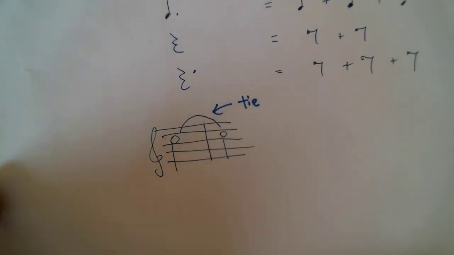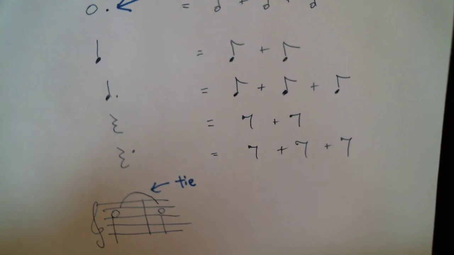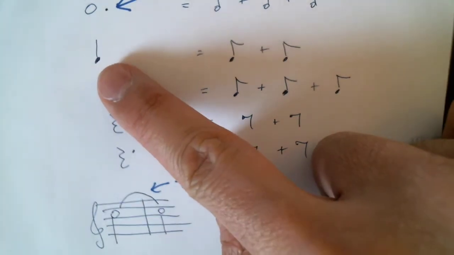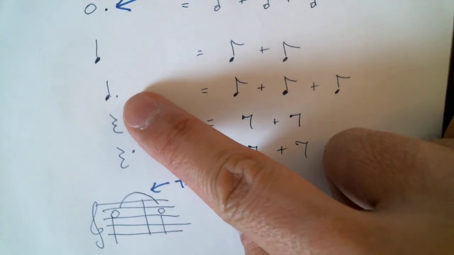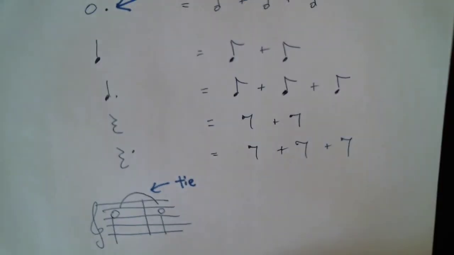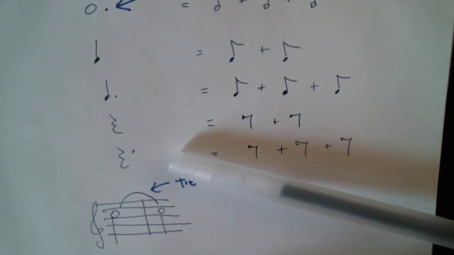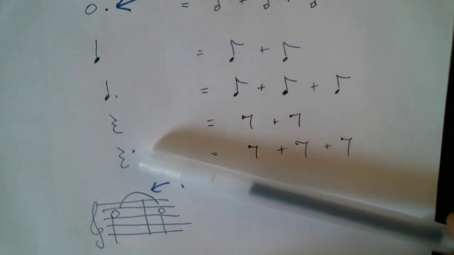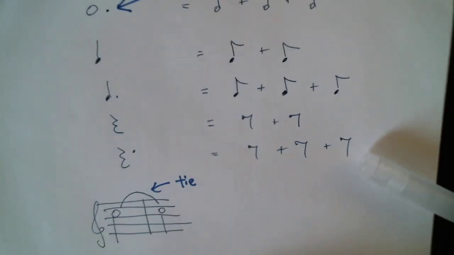So these are 2 concepts of how we essentially add rhythmic value to a given note type. We might start with a quarter note, then we add a dot, which adds half of the value, or we can start with a quarter rest. If we added a dot, again, we add half the value.